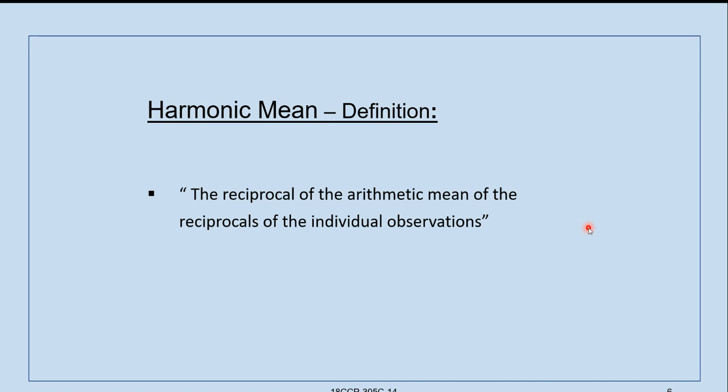The other part of the definition is the reciprocal of the arithmetic mean of the reciprocals. Please understand this point. Of the reciprocals means the arithmetic mean calculated for the reciprocals of the given series.